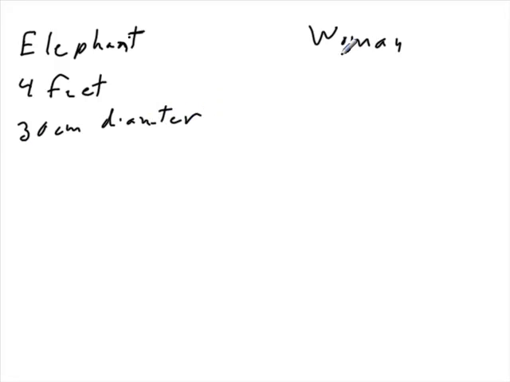Okay, and the woman will be standing on two feet. And let's assume she's in spike heels so that her weight is on a 1 centimeter diameter spike heel.